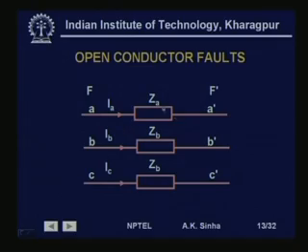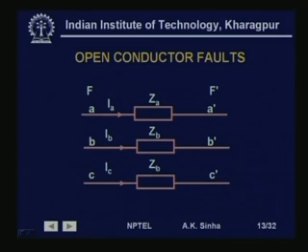So, since we are simulating only one phase open or two phases open, we can use ZA as infinity when simulating a single conductor open, that is phase A open with ZA infinity, or when simulating two phases open, we can assume ZB to be infinity.